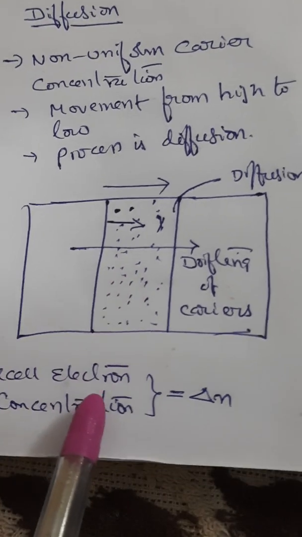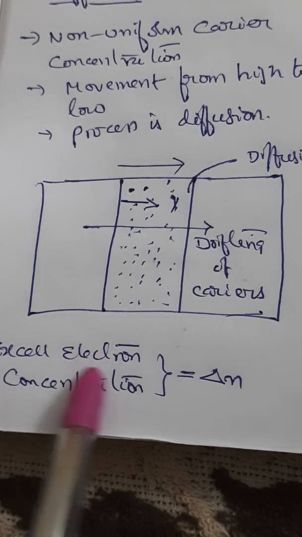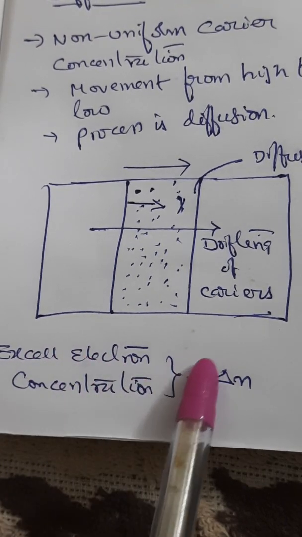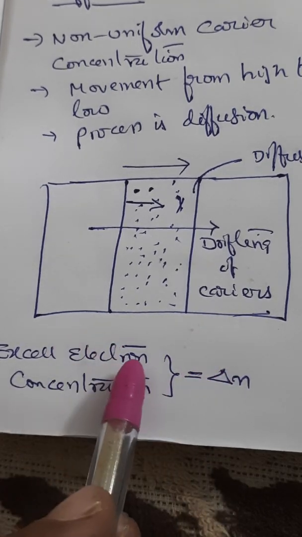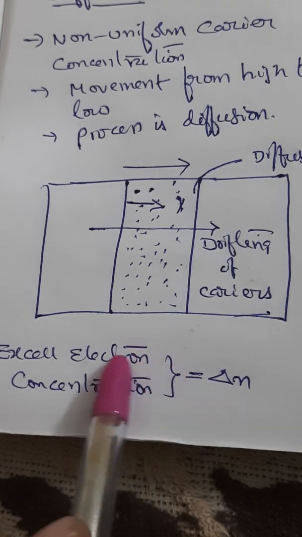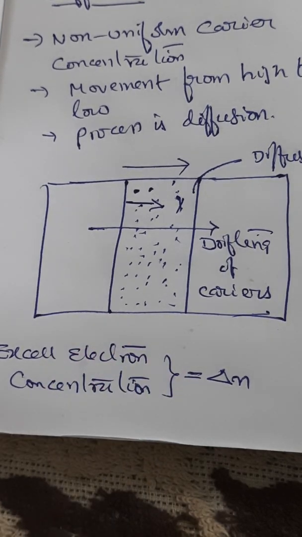Now let us say the excess electron concentration is delta n. Then there is a law we apply here to calculate the rate of diffusion of electrons. There is a law called Fick's law, F-I-C-K.